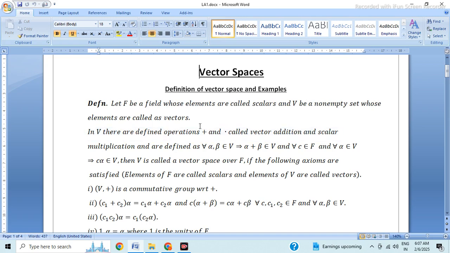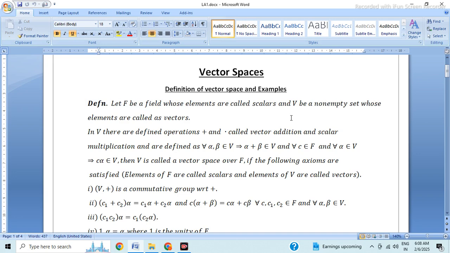Don't think that it is the same meaning as our vectors and scalars. It is just a name that has been given.